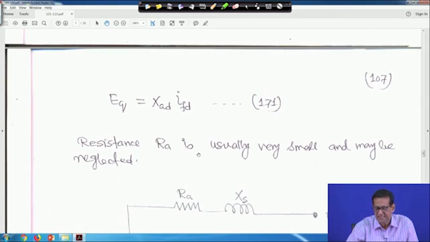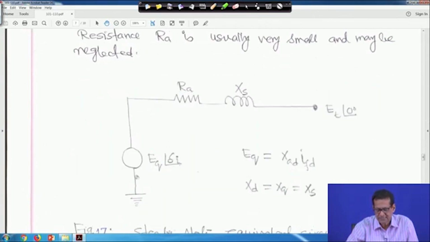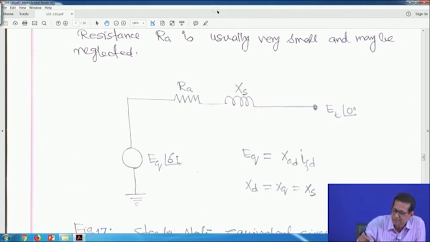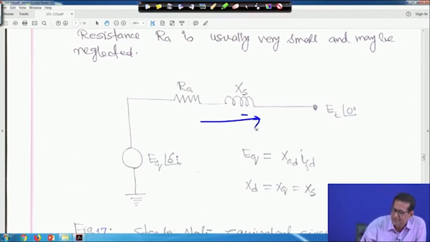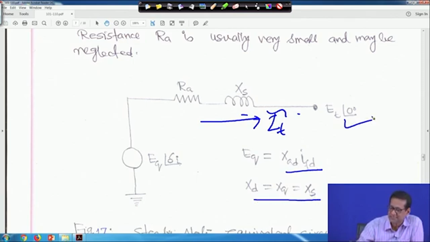Resistance R_A is usually very small and may be neglected. Therefore, we can make the equivalent circuit: this is E_Q angle delta I, this is R_A plus j xs, and this is E_T angle 0, with the current I_T tilde. E_Q is equal to X_AD I_FD in magnitude, and xd is equal to xq is equal to xs.